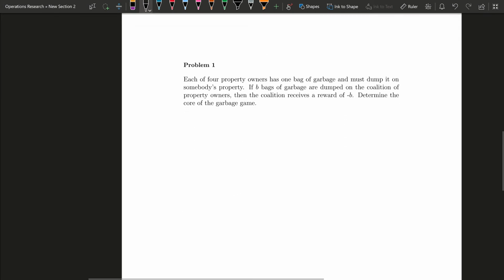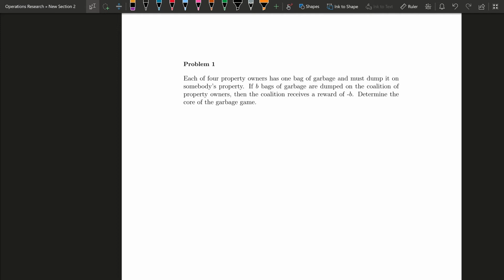And then moving on here, we have the problem for this section, which is that same garbage problem from the last section. Each of 4 property owners has 1 bag of garbage, and must dump it on someone's property. If B bags of garbage are dumped on the coalition of property owners, the coalition receives a reward of negative B. Now we're looking for the core of this game rather than the characteristic function.